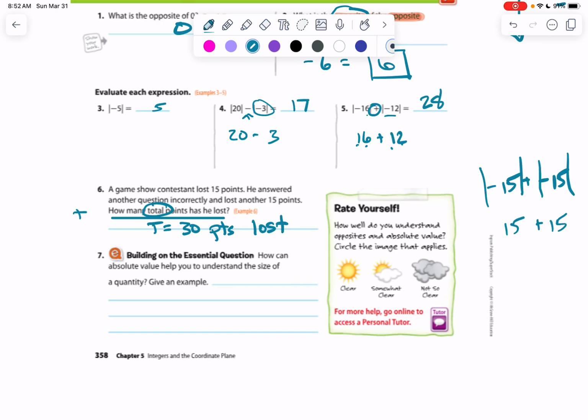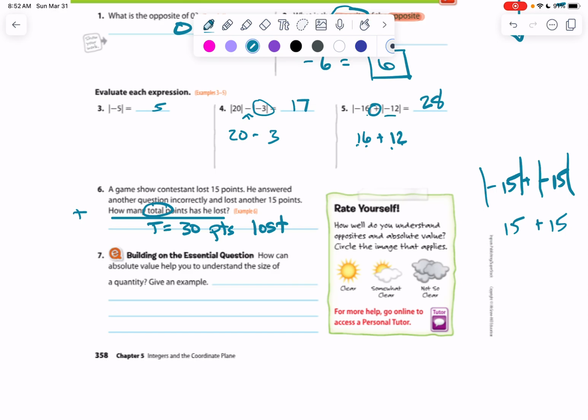Building on the essential question, how can absolute value help you to understand the size of a quantity? Well, if we know how far from 0, what if we were talking about money? What if instead of points, he had spent $15 and then he spent another $15? Well, now he has $30 less, right?